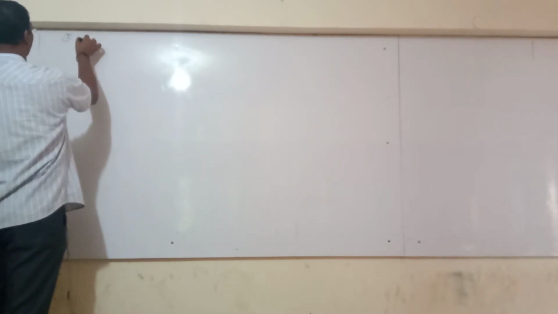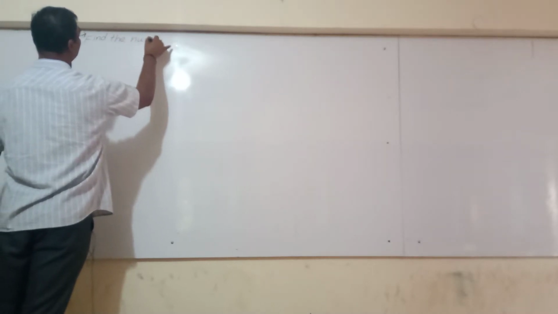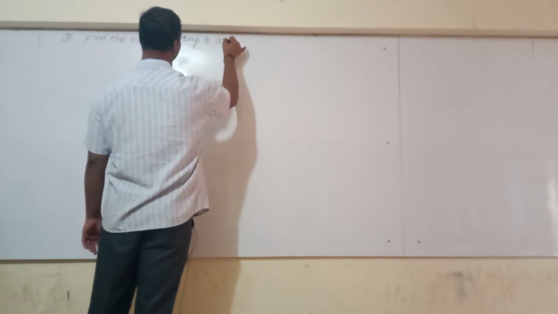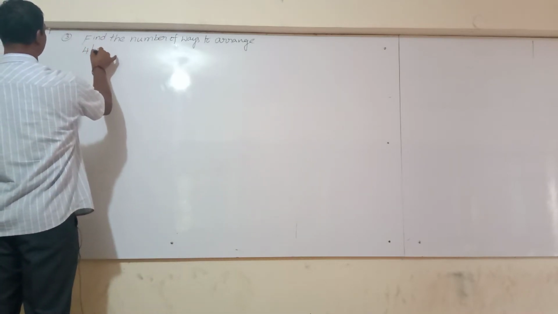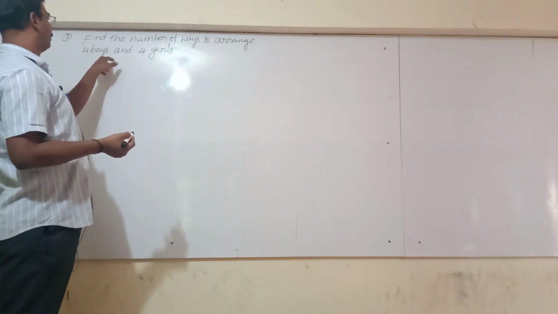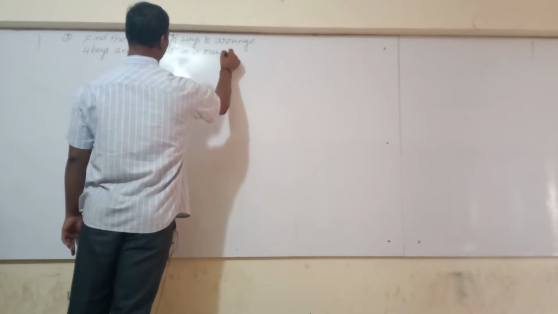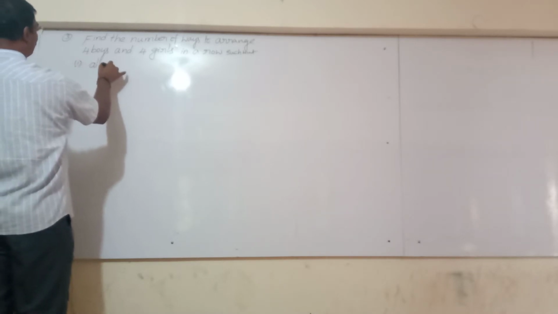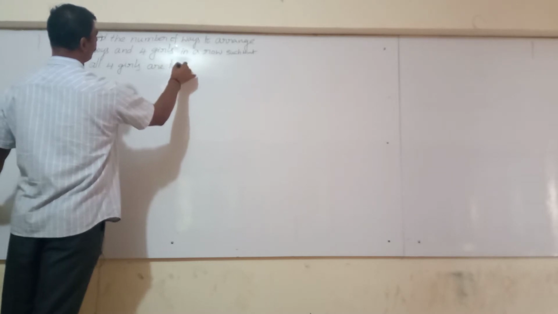Third one. Find the number of ways to arrange 4 boys and 4 girls in a row such that: the first condition, all 4 girls are together.